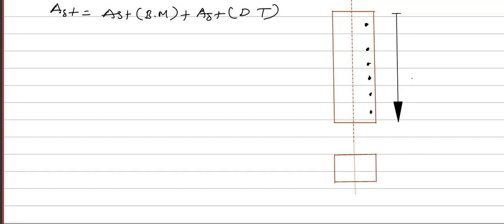So the total height of the cantilever movement is 1 meter. So the pull force will be P. We need to find out what is the X. So what is the total thickness of the wall?